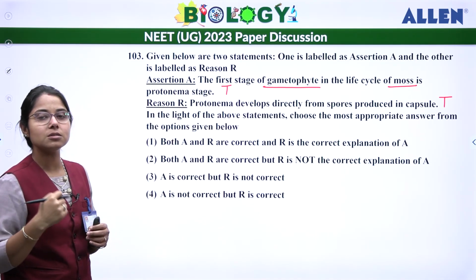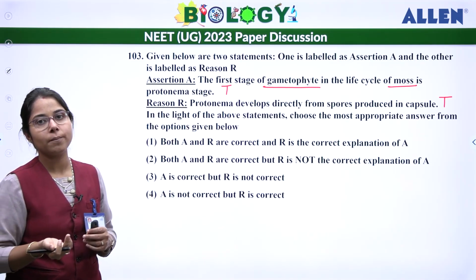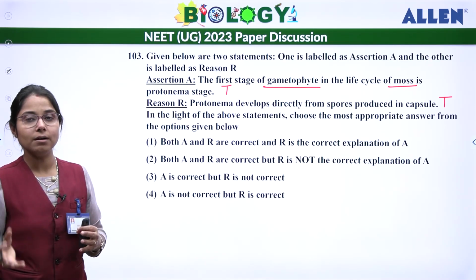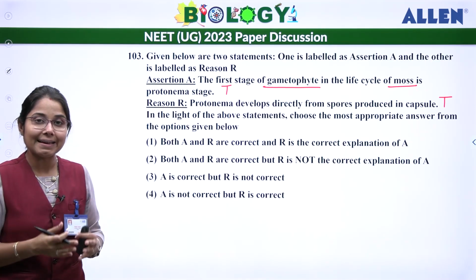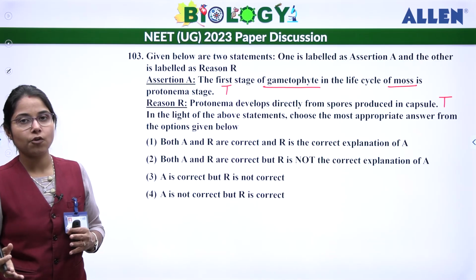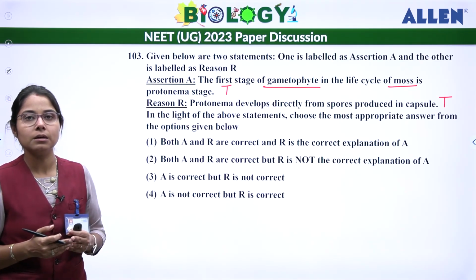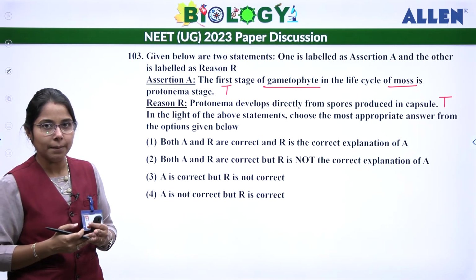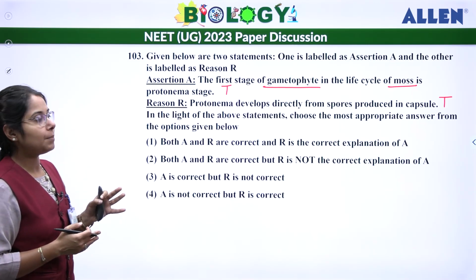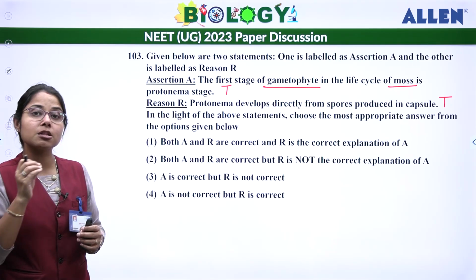Why? Because first the protonema will be formed from the spore and then the leafy gametophyte is formed, and directly from the spore the protonema is forming. That's why it is the first stage of your life cycle in the moss, the gametophytic life cycle in your moss. So both the statements are correct and the reason is explaining the assertion as well.